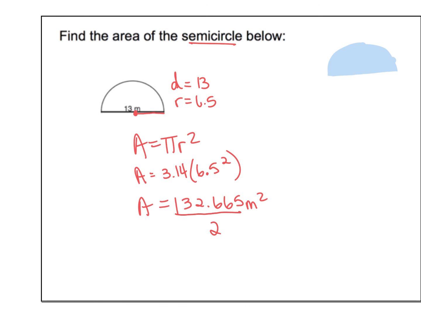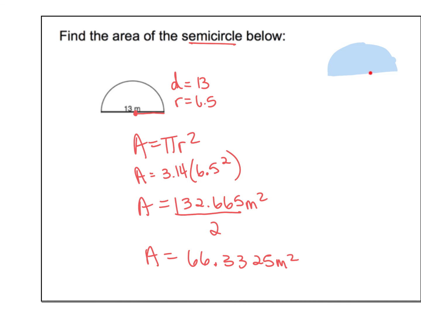So we're going to divide this by 2. So 132.665 divided by 2, and we get area equals 66.3325 meters squared. Now, when we do circumference, we have to add our diameter or our radius back in, but for this particular one, we don't have to because it's the inside that counts for area, right?